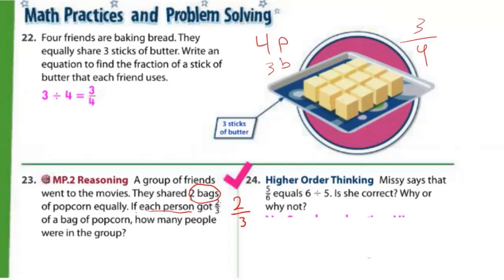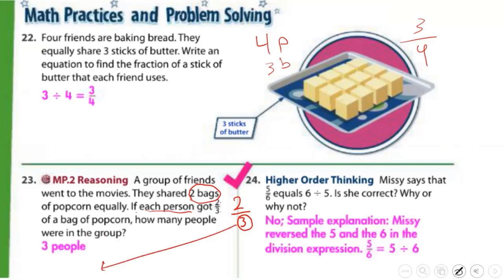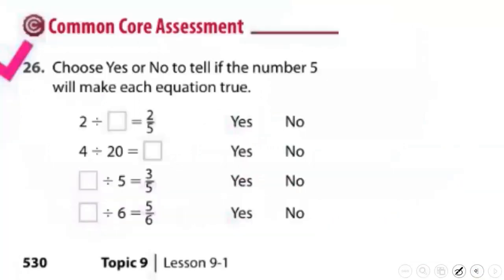So the number of people in the group, this is the number of the persons because he told me 2 over 3. It will be 3 people. Okay. Higher order thinking, I will skip. Move to another question in our lesson.